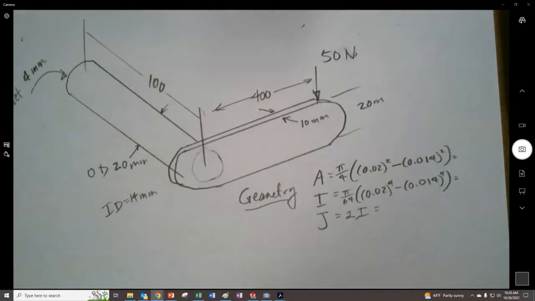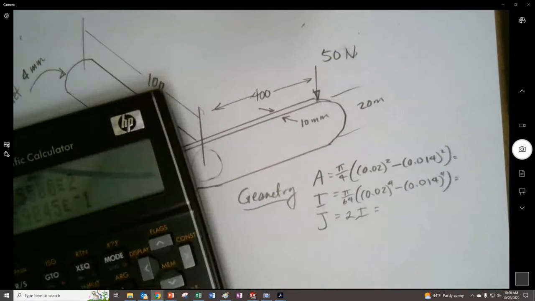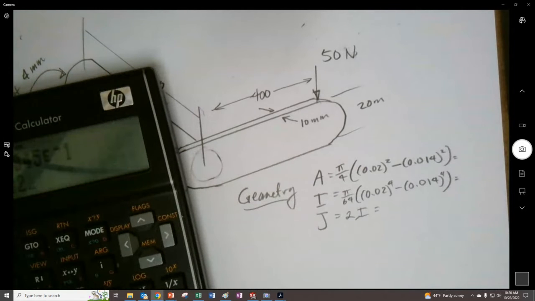So anyway, let's calculate this out. 0.02 squared, and then 0.014 squared, and we can subtract them and multiply by pi and divide by 4.